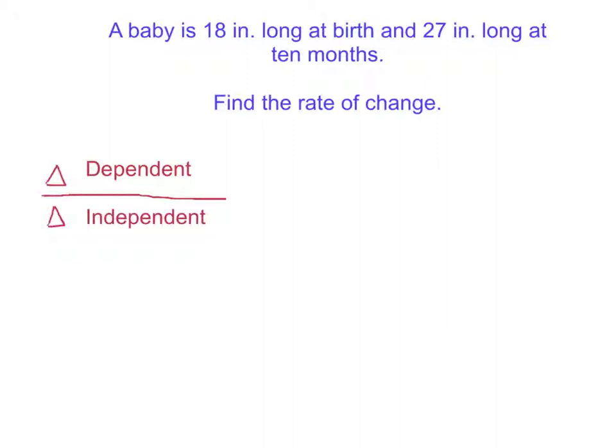Our 2 variables, we have inches going from 18 inches to 27 inches, and then we have time in months. And at birth would be 0 months to 10 months. So in this case, the growth in inches depends on how much time has passed. So we want to look at the change in inches divided by the change in months.